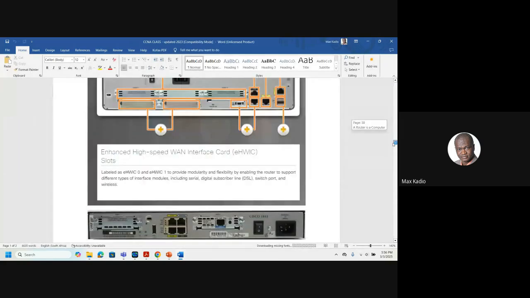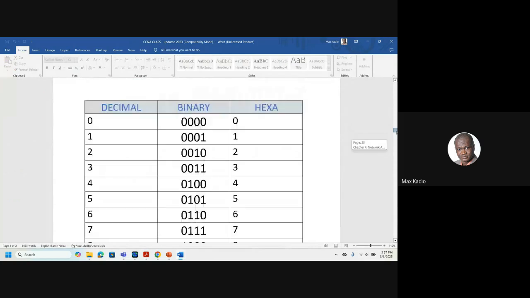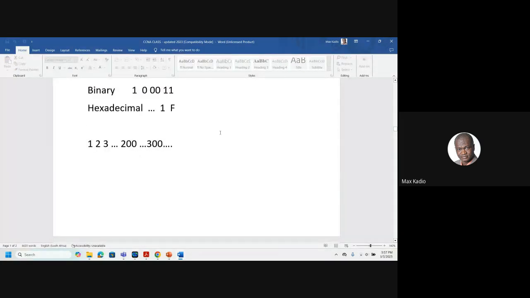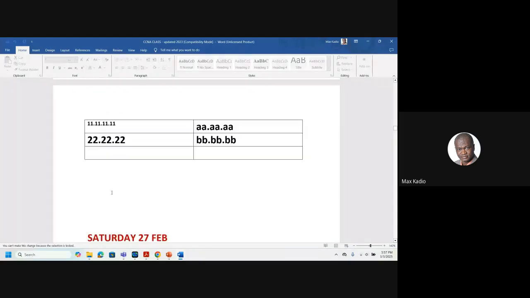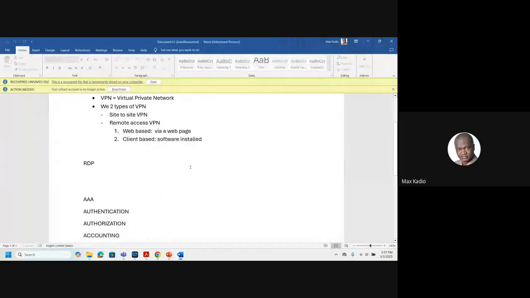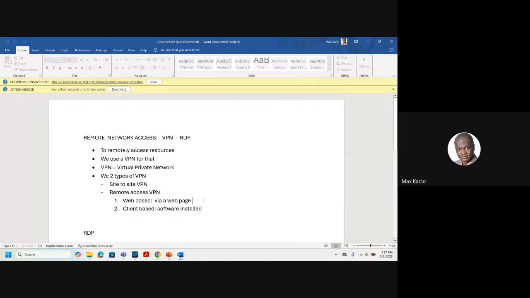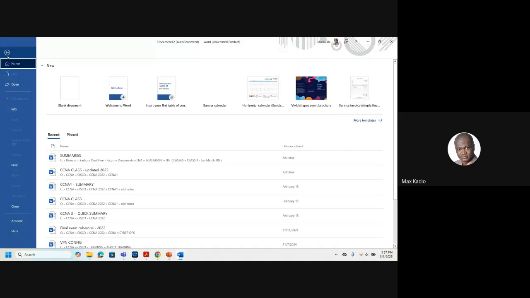Okay, now this one is the router. Yeah, conversion. But why this one? You can't make this change because the selection is locked. Okay. What's happening here? Control N. What happened with this Microsoft Word document file?